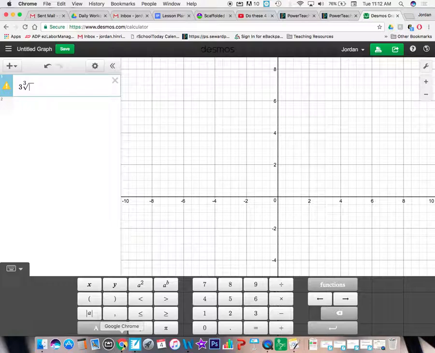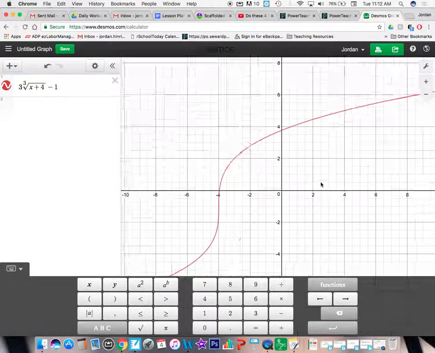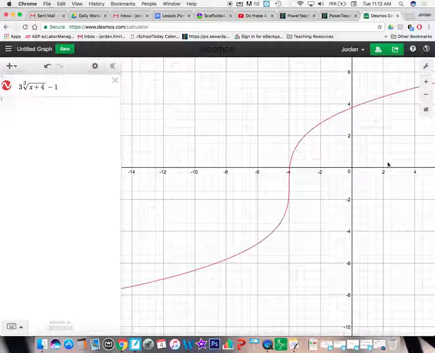So we got my x down here, plus 4. And then if you want to get out of this cube root, you got to click on the outside. That's what the graph should look like. You can do whatever root you want with that button. You can do 5th root, 6th root, 10th root, 100th root, whatever you want.